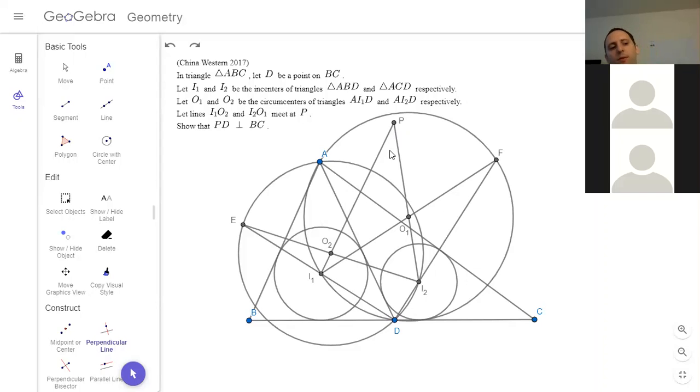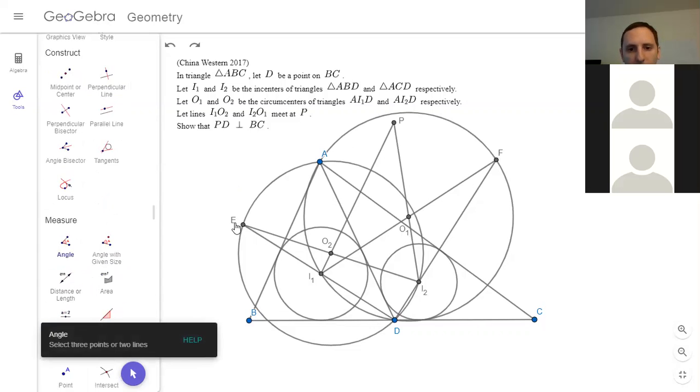What's the best way to prove things are perpendicular? Basically we want to show angle PDF is angle EDA. Is PDF similar to EDA?